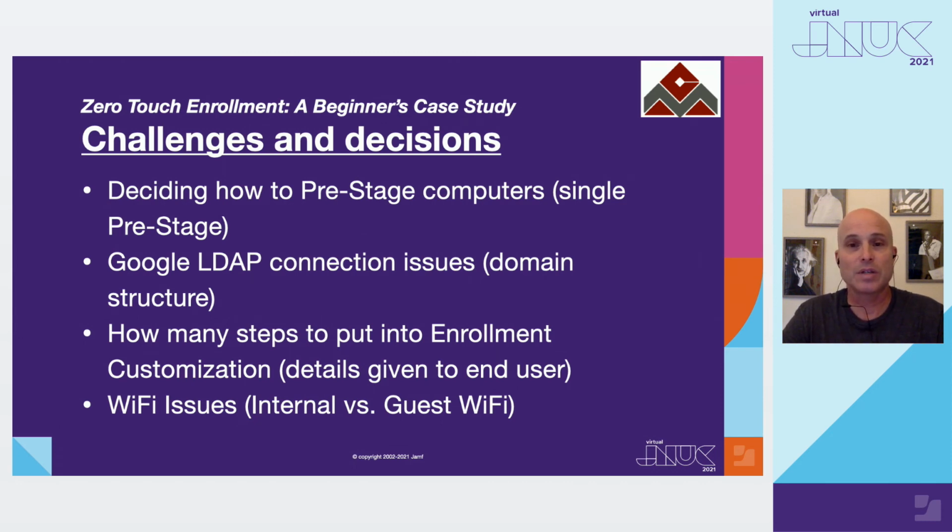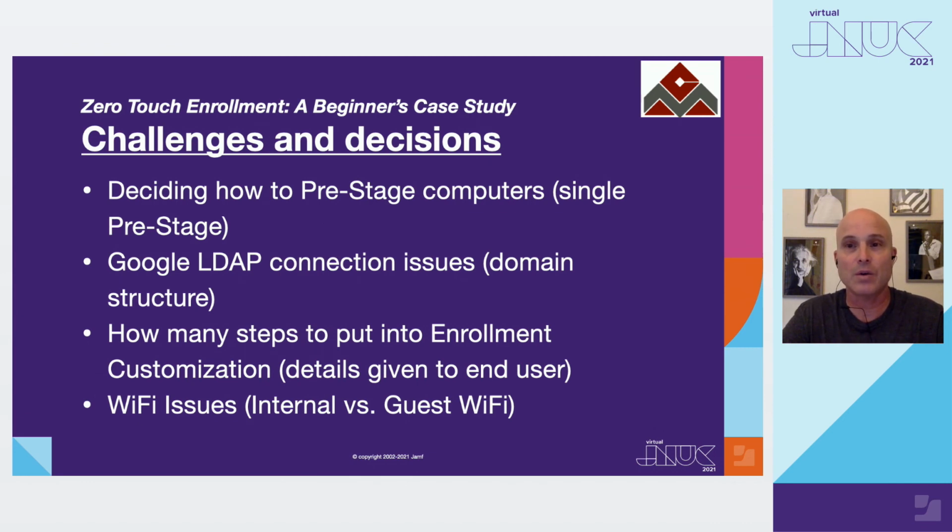Then, as soon as the enrollment happens, right before the user puts in their password, one of the steps of enrollment is we have a few configuration profiles that get pushed down. One of those pushes the internal Wi-Fi down to the computer and sets it as the preferred Wi-Fi.